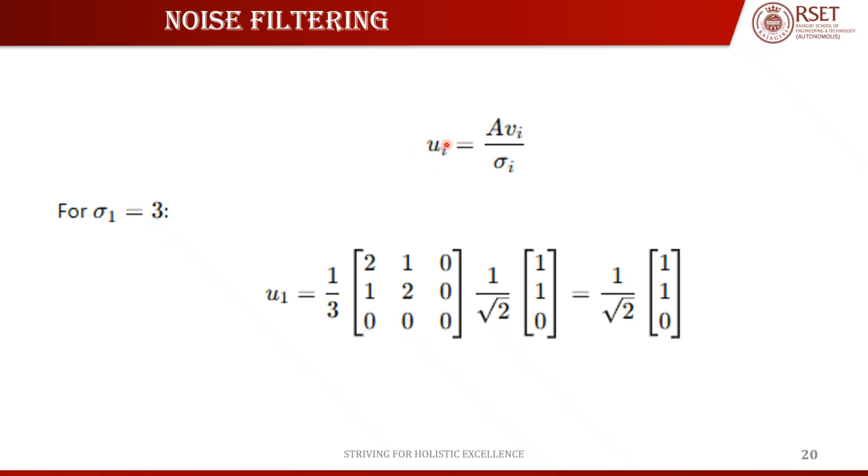So you just need u1, and for that you can do A v1 by sigma 1, which is 1 divided by 3 times A times v1, and on multiplying you have u1 equal to 1 by root 2 times (1 1 0).